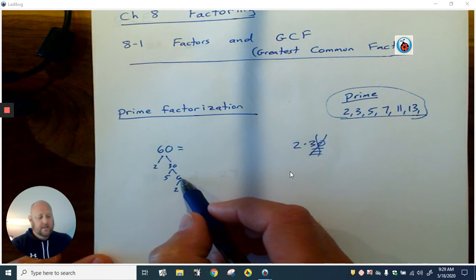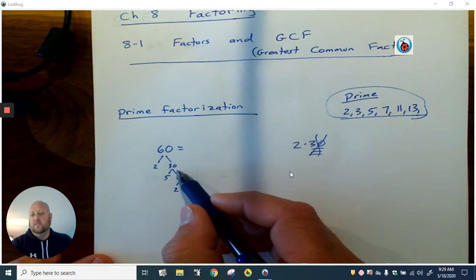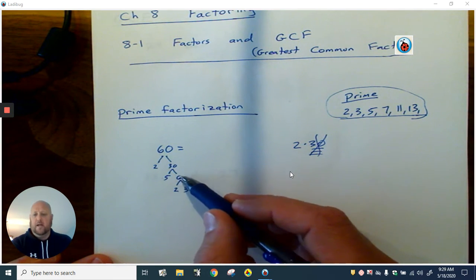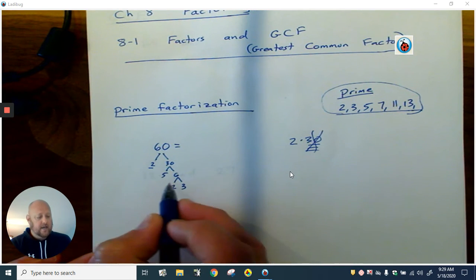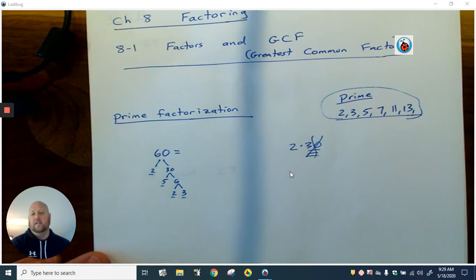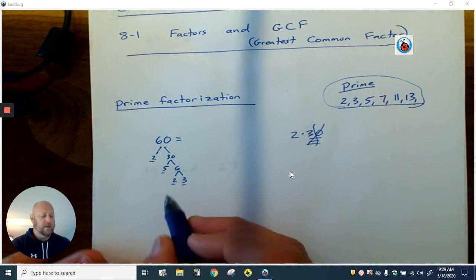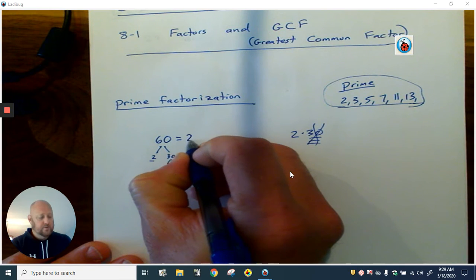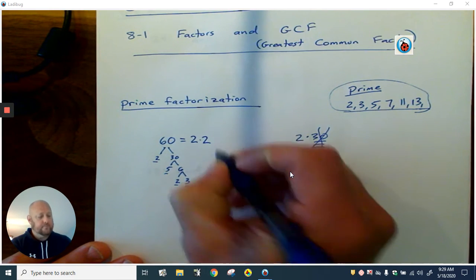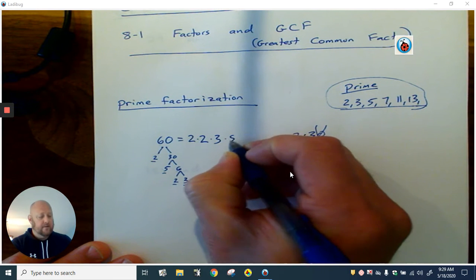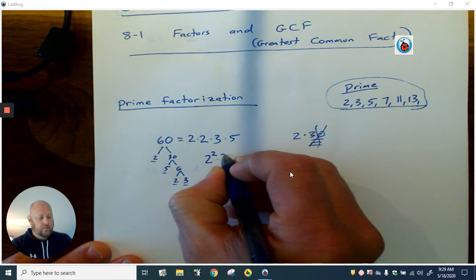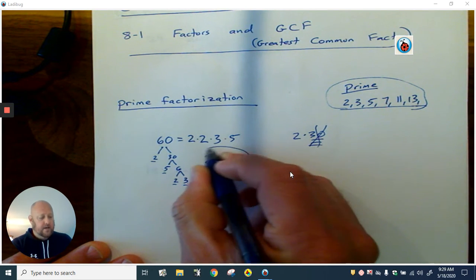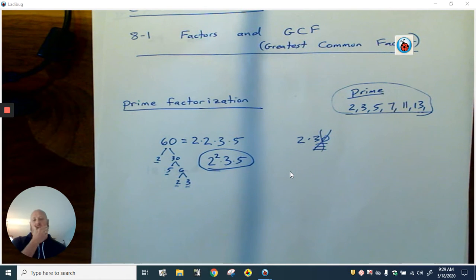What I mean is this 6, or this 30, I call a branch, because the branch got broken up. We can basically ignore all the branches of the tree. All we need to look at are the leaves of the tree, the endpoints, okay? And basically, what do we have? We have a 2, we have another 2, we have a 3, and we have a 5. Basically, we have 2 2s, 1 3, and a 5. That would be what we call prime factorization.